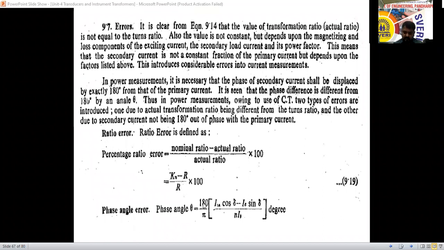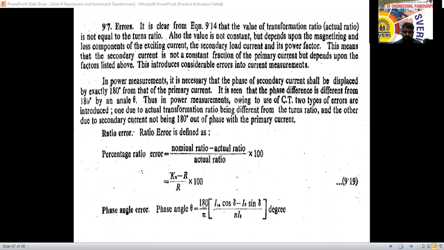Roll number 16. 17, 18, 19, 20, 21. 26, 27. 32, 33. 38.